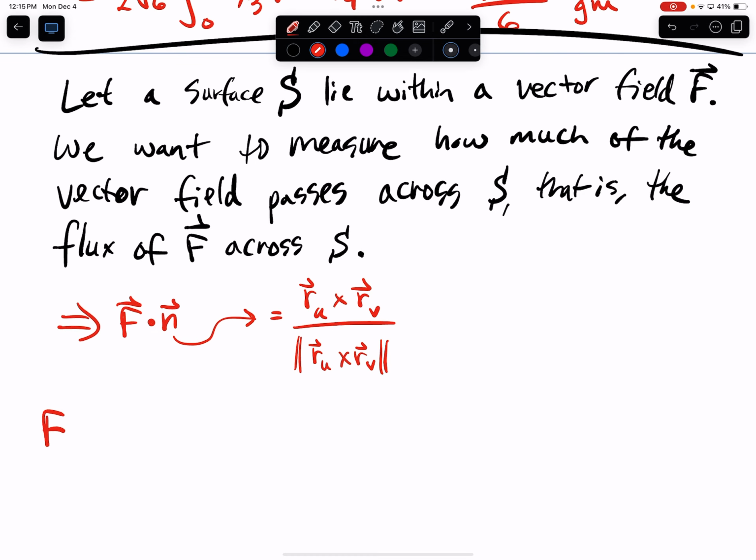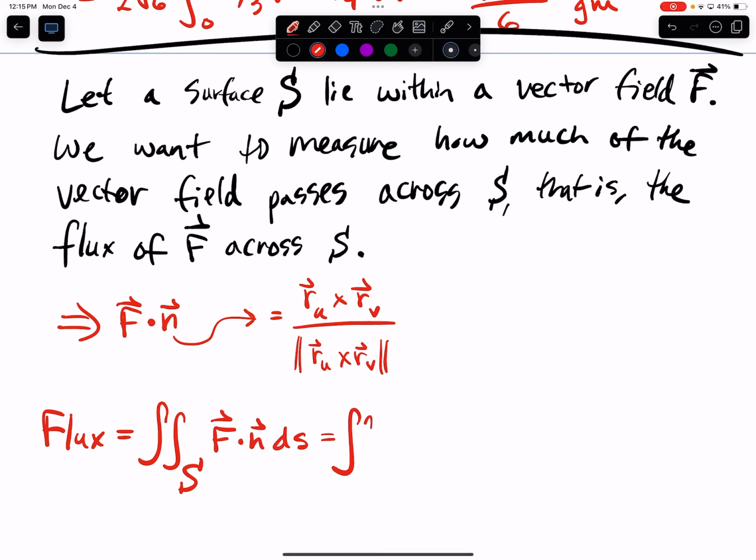So what does the flux equal? The flux is the double integral over the surface of F dot N dS, which is a double integral over the region of F dot ru cross rv over the magnitude of ru cross rv.